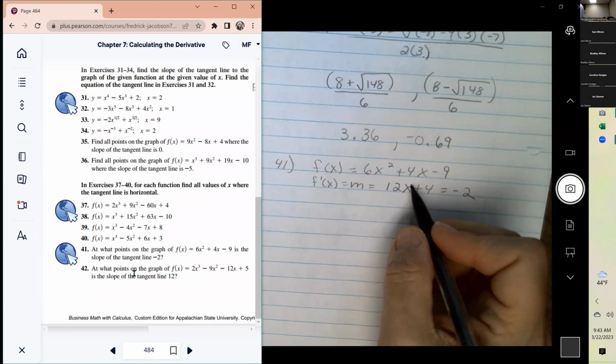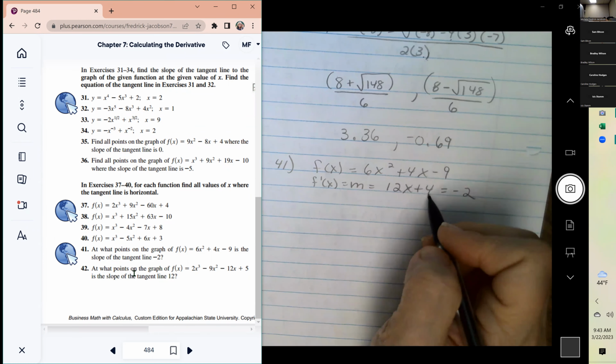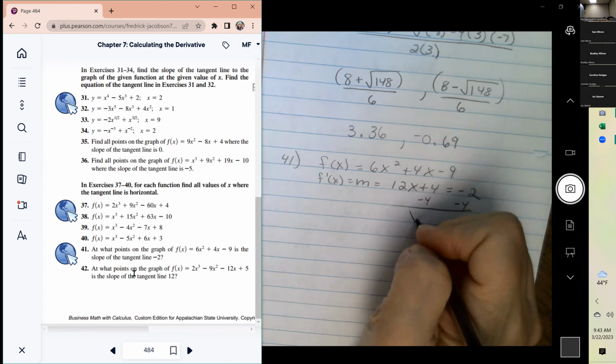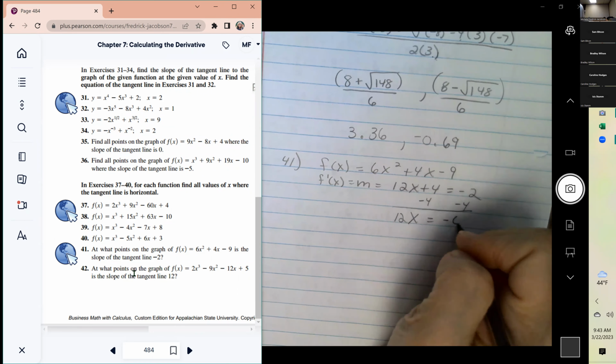This is x to the first, so it's linear. We can just subtract the 4 and divide by 12.